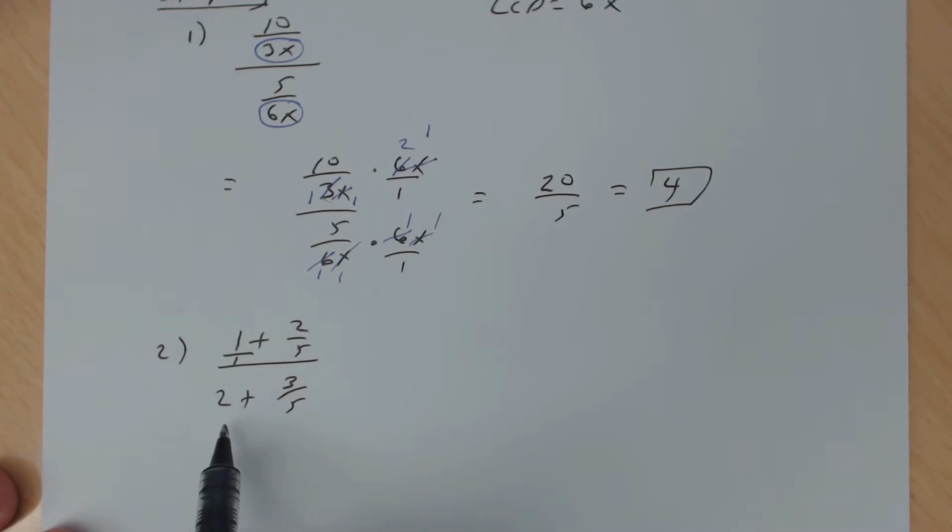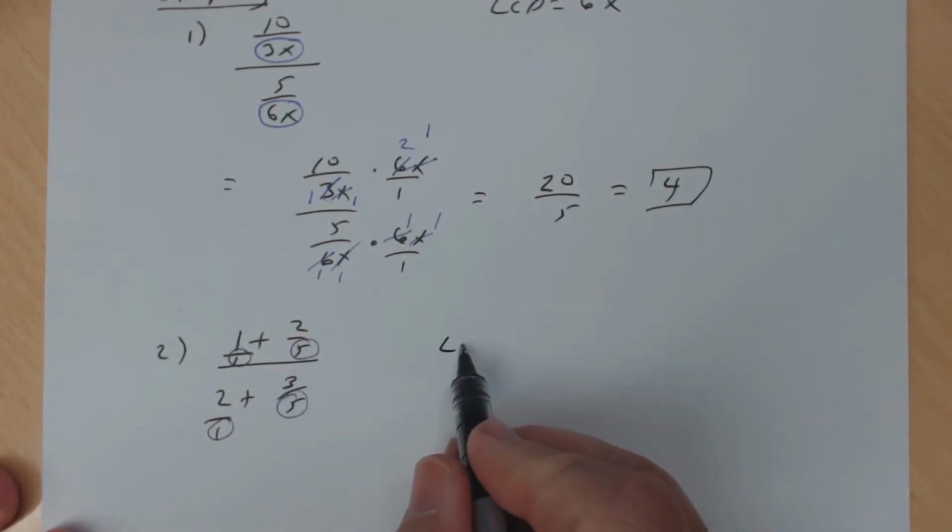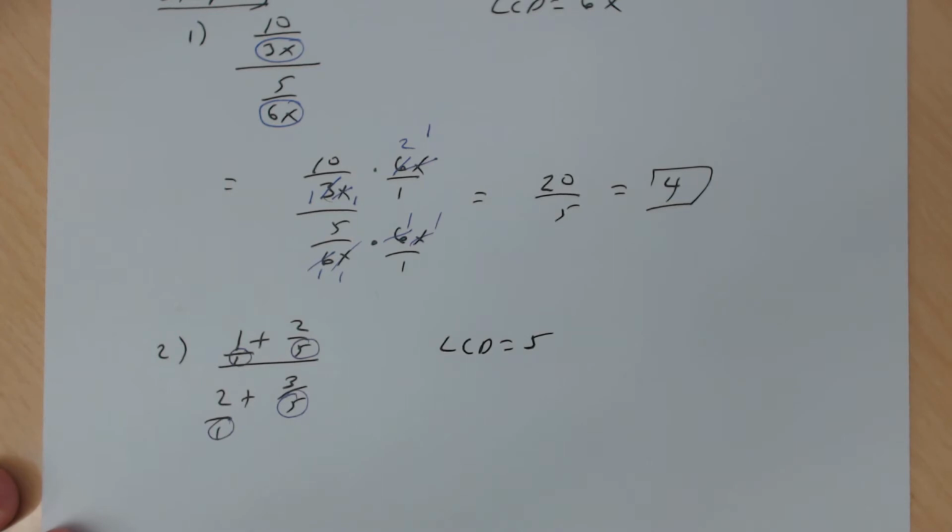And write the 2 as 2 over 1. Now, you're looking at all your denominators, all of the denominators in the numerator and all of the denominators in the denominator. So you have 1, 5, 1, and 5. So the LCD of those four things I have circled is 5.